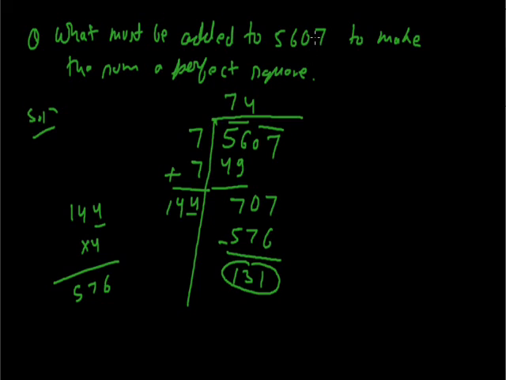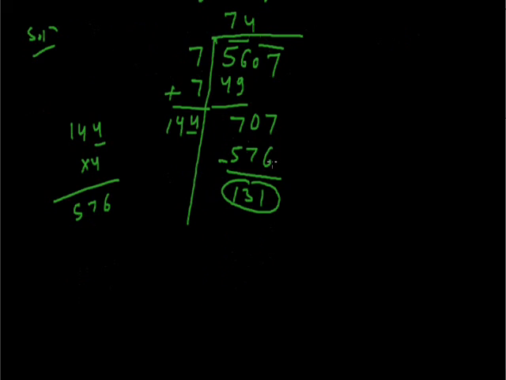For addition, since 74 squared is less than 5607, the next number after 74 should be 75.